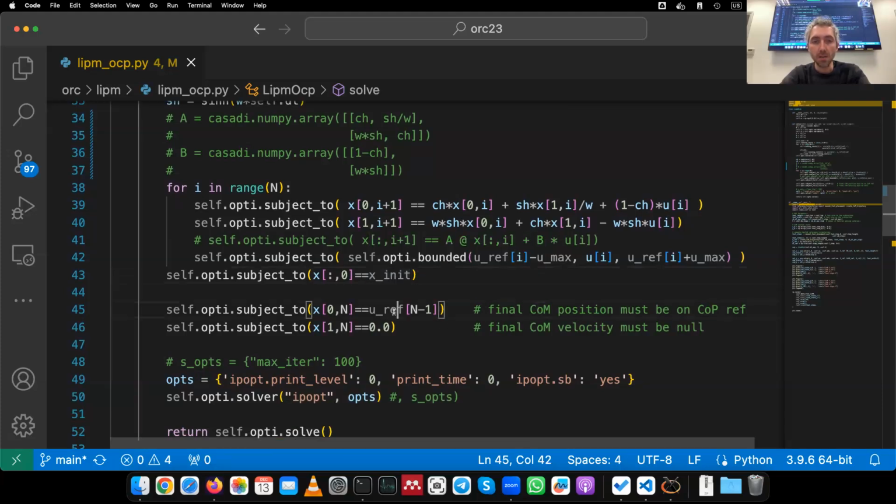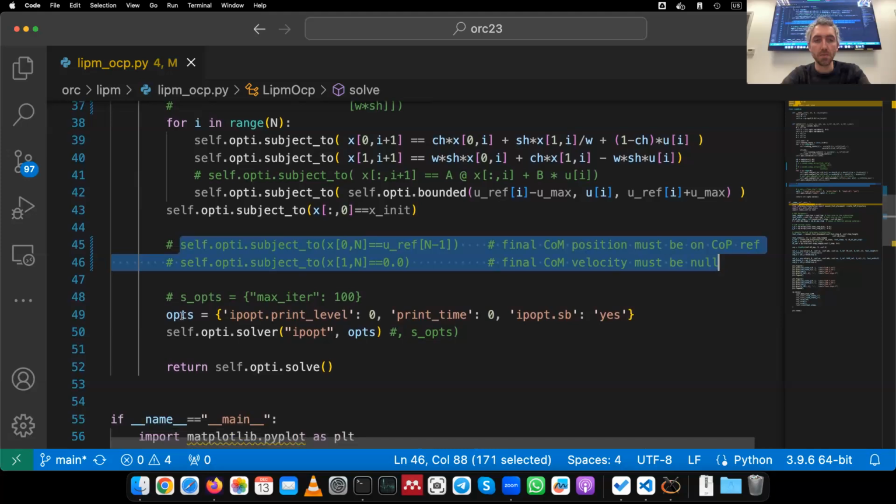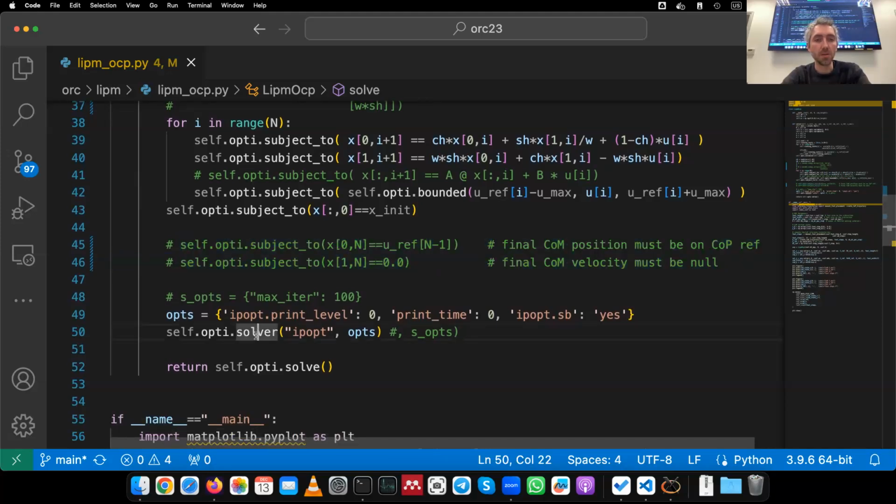And then if we wanted to, we could have terminal constraint, but let's just comment these 2 lines right now, and then we discuss them later. Finally, we simply call the solver, which is IPOpt. In this case, that's the default option for Casadi to solve the problem, and we return the solution.